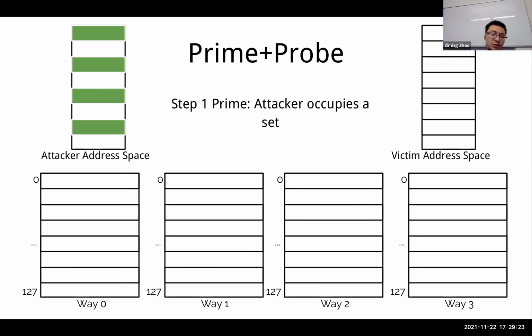Eviction time was an old approach, so I'm going to talk about some more advanced approaches. The first one is called prime and probe. Prime just means to get something prepared. We have the attacker's address space here and the victim program's address space here, and we assume a 4-way, 128-set cache like this.